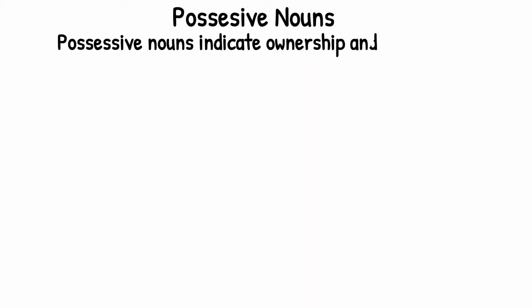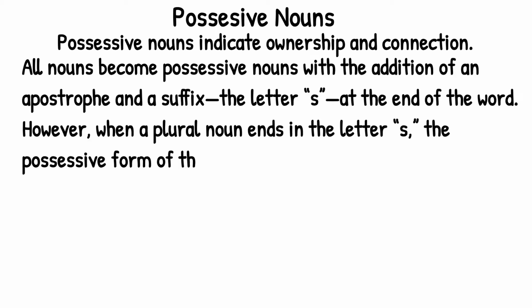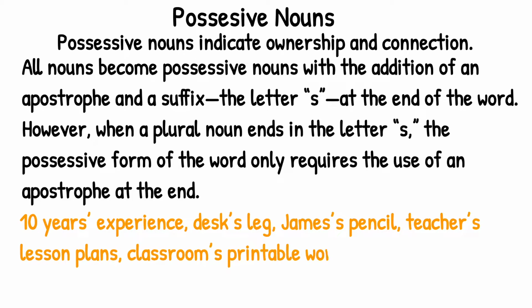Already discussed this one, but just to give you a broader idea. Possessive nouns indicate ownership and connection. Nouns become possessive nouns with the addition of an apostrophe and a suffix, the letter s, at the end of the word. However, when a plural noun ends in the letter s, the possessive form of the word only requires the use of an apostrophe at the end.